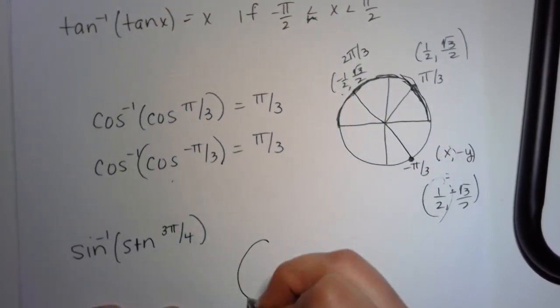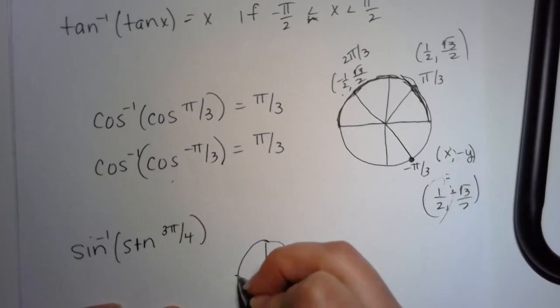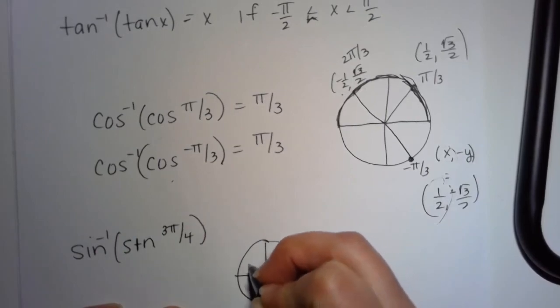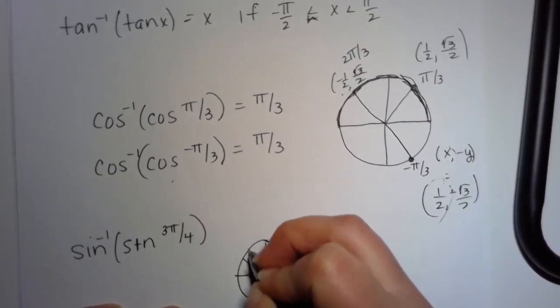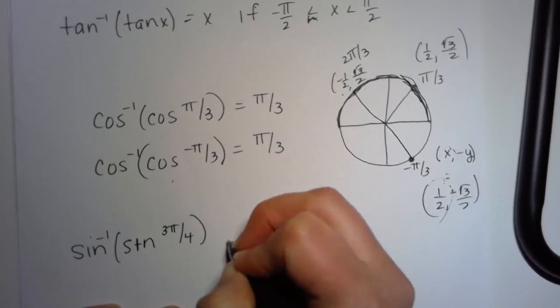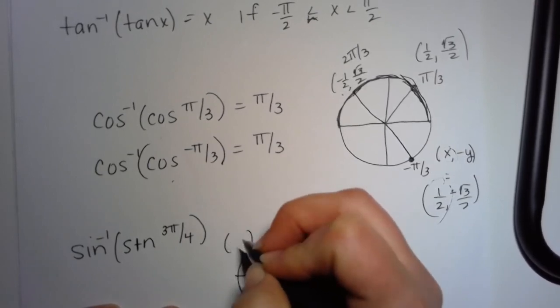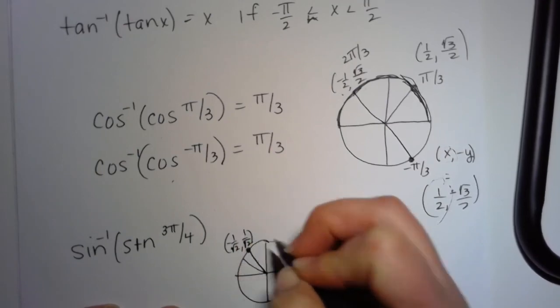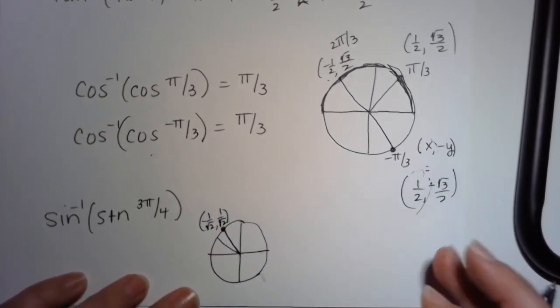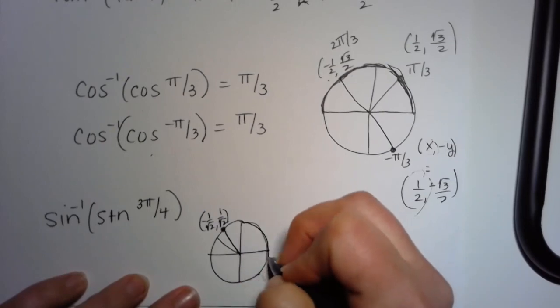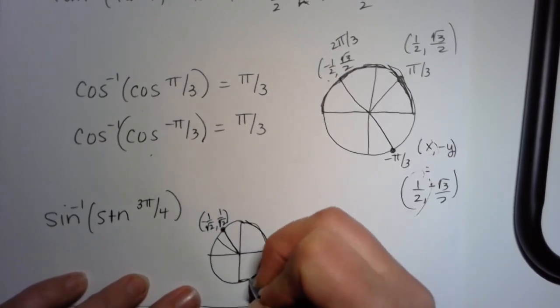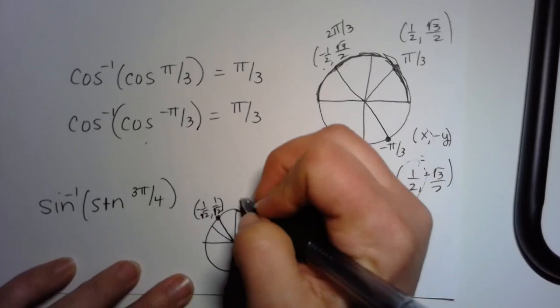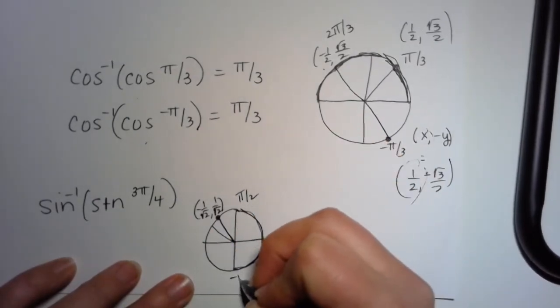So if I think of my circle over here, 3 pi over 4 is over here. Actually, it's right about here, okay? And this would be the point over here, negative 1 over the square root of 2, 1 over square root of 2, right? And so my sine is actually just limited to pi over 2 and negative pi over 2 over here.